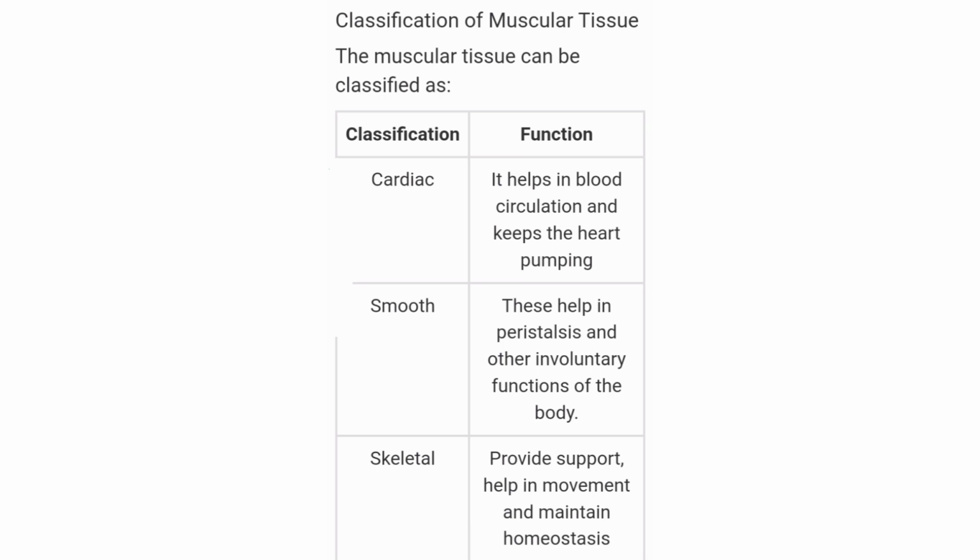These muscles show alternate light and dark bands or striations. As a result, they are also called striated muscle. The cells of this tissue are long, cylindrical, unbranched, and have many nuclei. Skeletal muscle provides support, helps in movement, and maintains homeostasis.